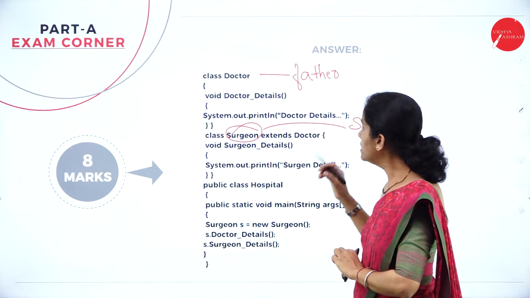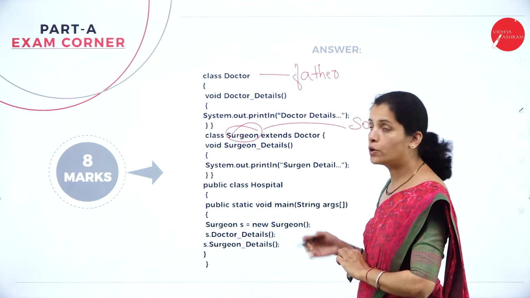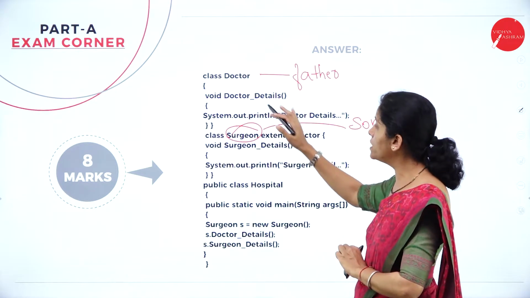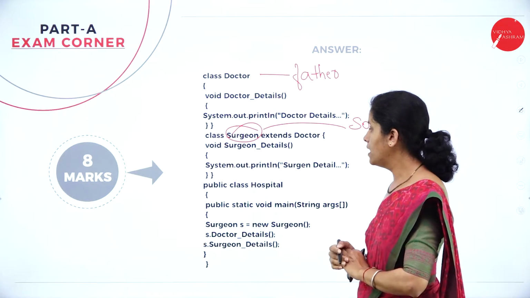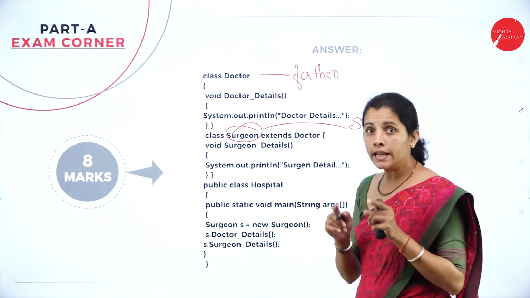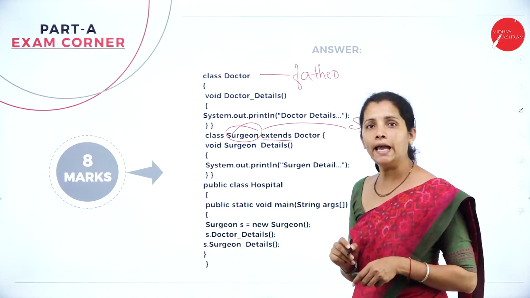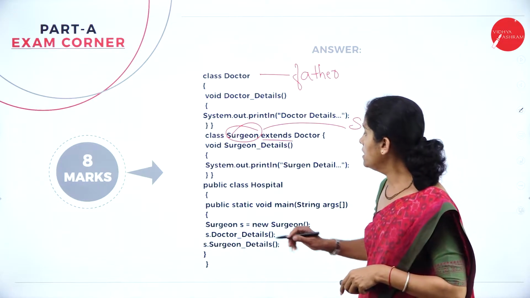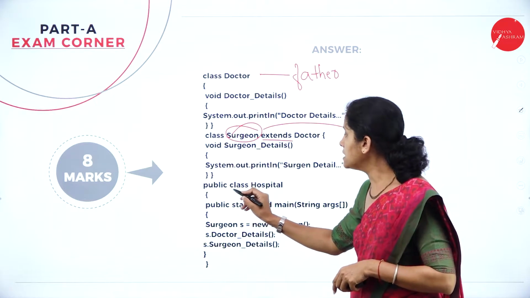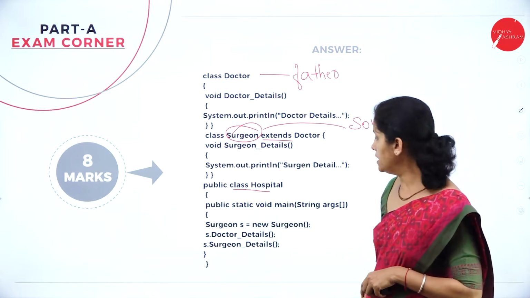Okay, fine. Now, see here, I'm going to acquire all the properties of doctor. Now, it is inheritance, so I want to use the keyword extends. And I have another class called hospital.